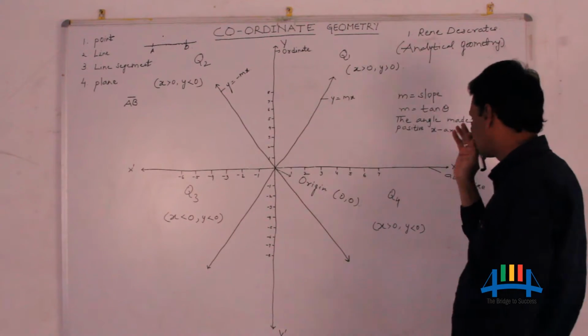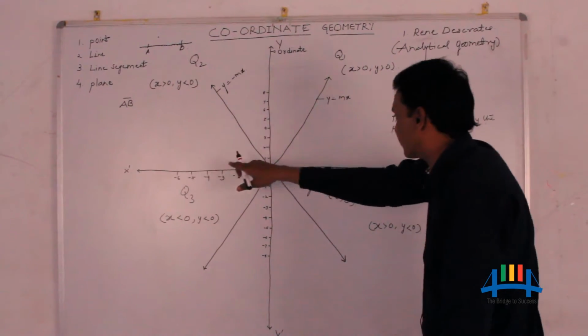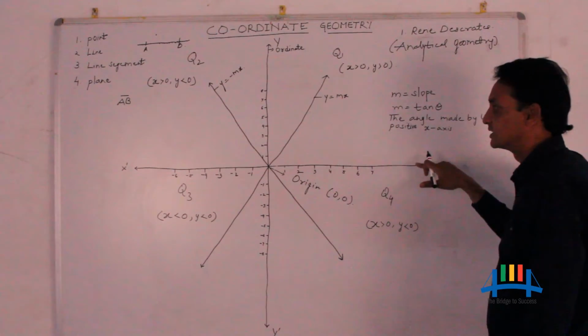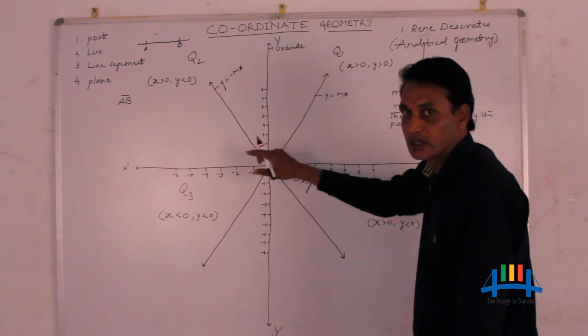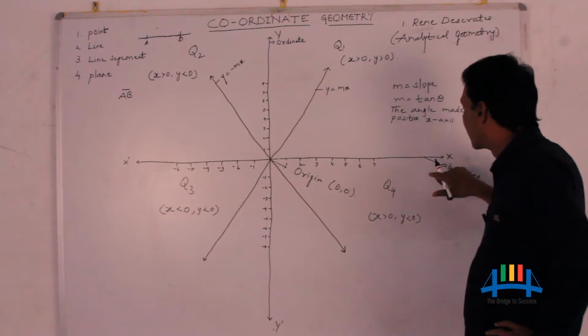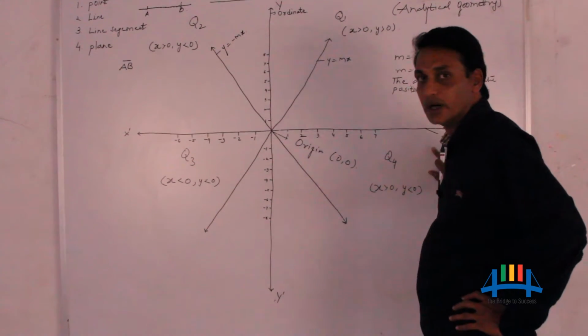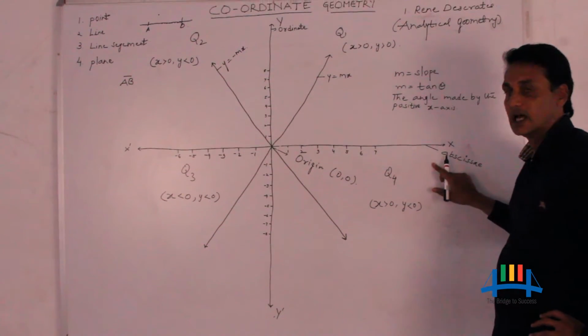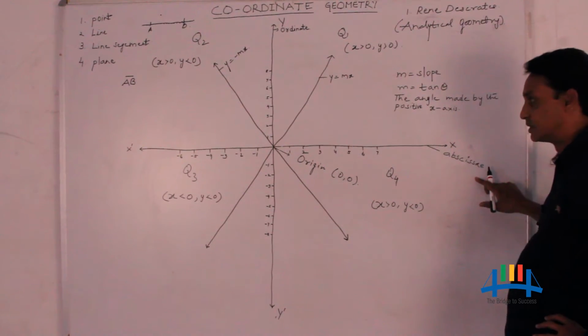Is it clear? The horizontal reference line we call x dash. One more name is also given to it: abscissa.